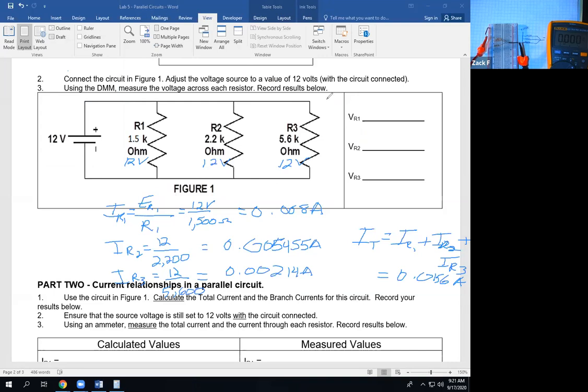Okay, so how can we do that? What is 12 volts in this circuit? Is that the total voltage? We want to know what total current is.